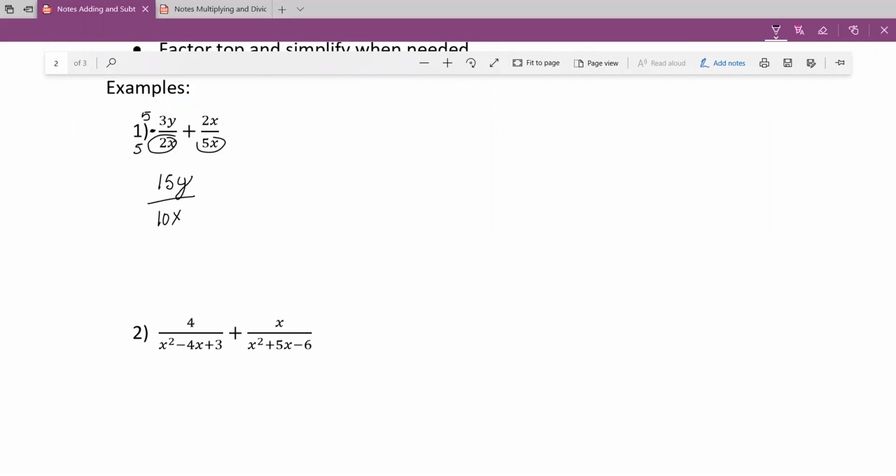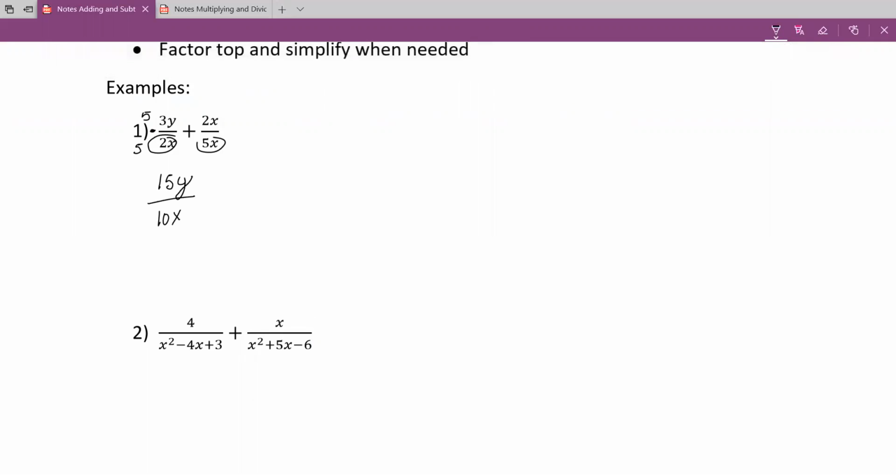On the second fraction, the denominator is missing the 2 from the first fraction, so I'm going to multiply this one on both the top and the bottom by a 2. Whoops. Fun fact, 2 times 2 is actually 4.